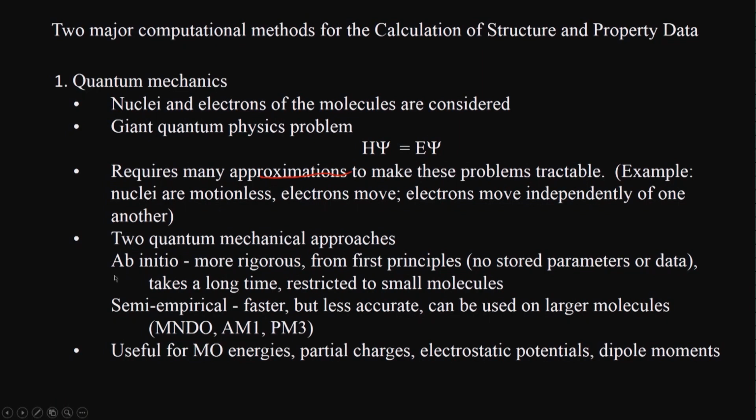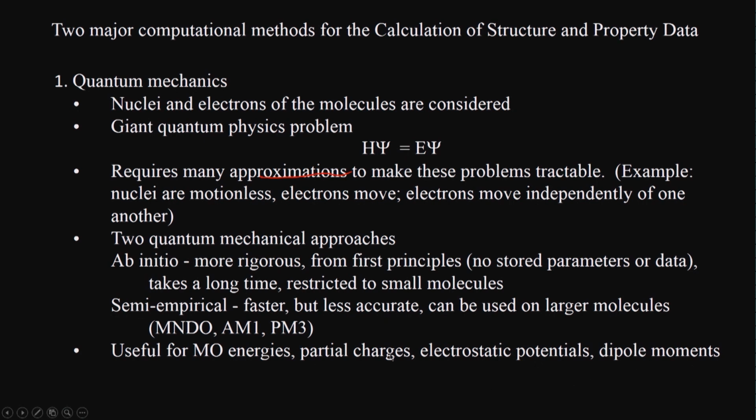In quantum mechanics, like I said, we have the ab initio method, which is very rigorous, from first principles, with no stored parameters or data; it takes a long time and is restricted to small molecules. Semi-empirical is faster, less accurate, and can be used on large molecules. These are the methods MNDO, AM1, PM3; you will come across these names often. This is useful for molecular orbital energy, partial charges, electrostatic potentials, and dipole moments. So, we can use even semi-empirical methods to calculate all these things.